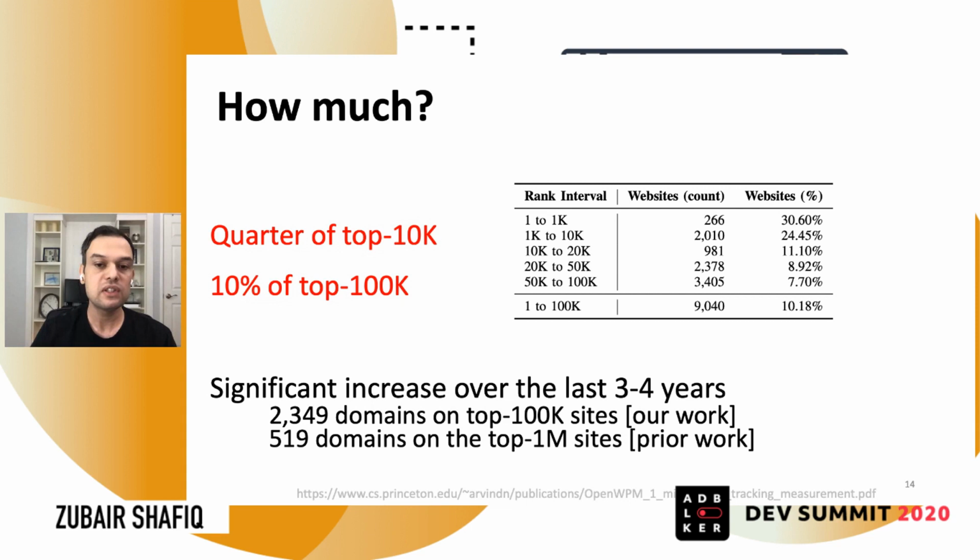In that previous research, they found that only about 500 domains were serving fingerprinting scripts on the top 1 million sites. Whereas we found that the ecosystem is much more diverse now. Fingerprinting scripts are being served on more than 2,000 domains on the top 100,000 sites. So clearly there is a trend that fingerprinting is increasing compared to what was previously reported in research.